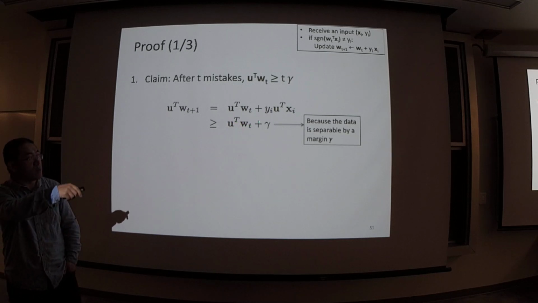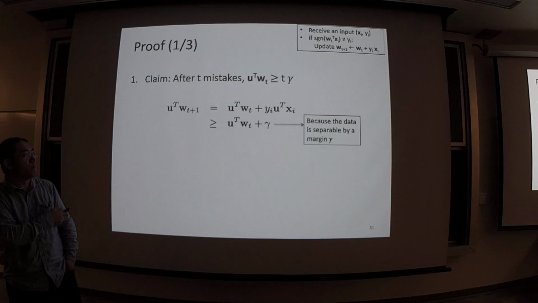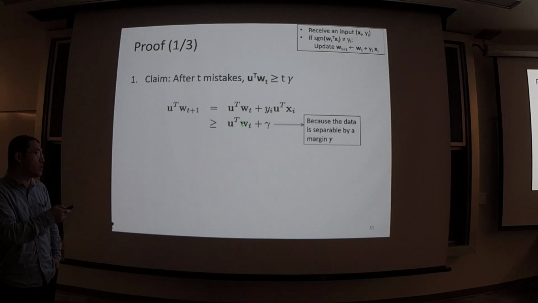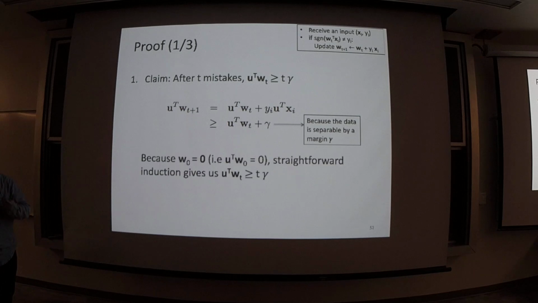This inequality comes from here. Because the data is separable by a margin gamma, this term is no less than gamma. So after making t mistakes, the inner product between u and the updated weight vector is no less than u transpose w_t plus gamma. So we have shown the inductive step.